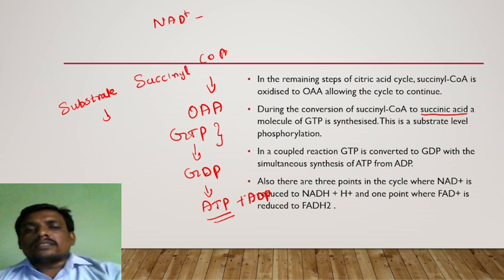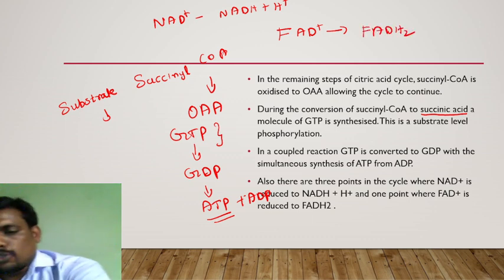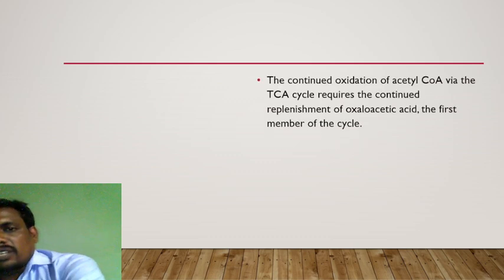NAD plus is reduced to NADH plus H plus, acting as a reduction power agent, and flavin adenosine dinucleotide is also a reduction power agent, which will be converted into FADH2 after the reduction reactions.